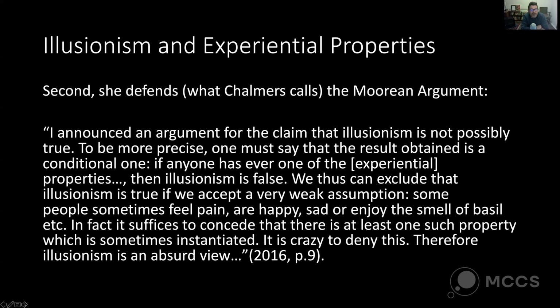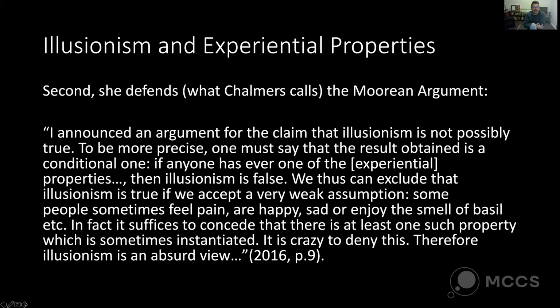If anyone has ever one of the experiential properties, then illusionism is false. We thus can exclude that illusionism is true if we accept a very weak assumption. Some people sometimes feel pain, are happy, sad, or enjoy the smell of basil, etc. In fact, it suffices to concede that there is at least one such property which is sometimes instantiated. It's crazy to deny this. Therefore, illusionism is an absurd view.